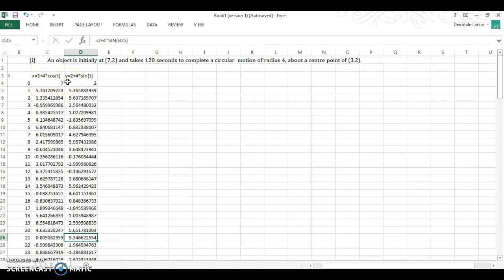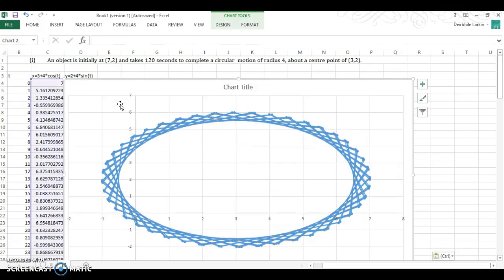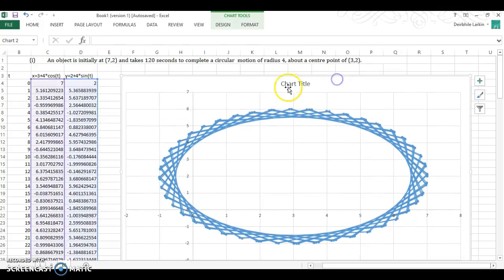And y equals 2 from the center point y, plus the radius 4 times sine t. As you can see, it starts off at (7, 2), which is our initial point from above. If you continue down, it forms a circular motion chart.